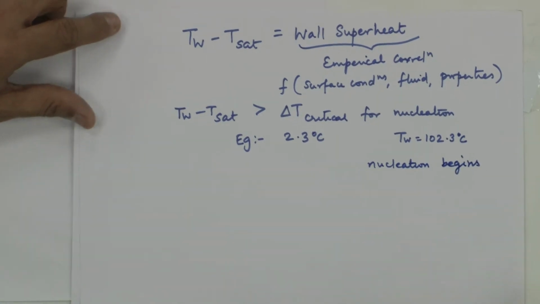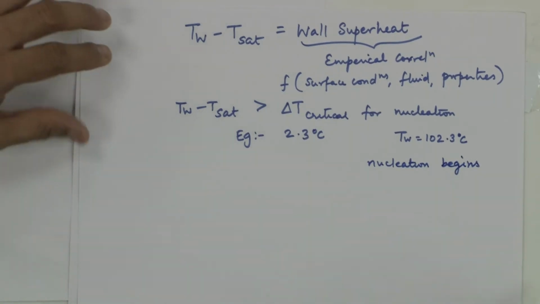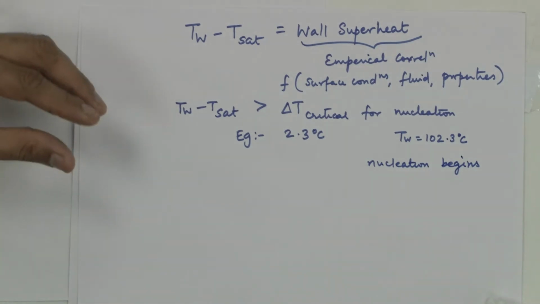By that I mean a bubble which is formed would be able to come out of the surface and you would be able to have the process of boiling started from a particular cavity at least. Now, depending on the cavity size, the amount of superheat required for that particular cavity is going to be different. We are not getting into the details.